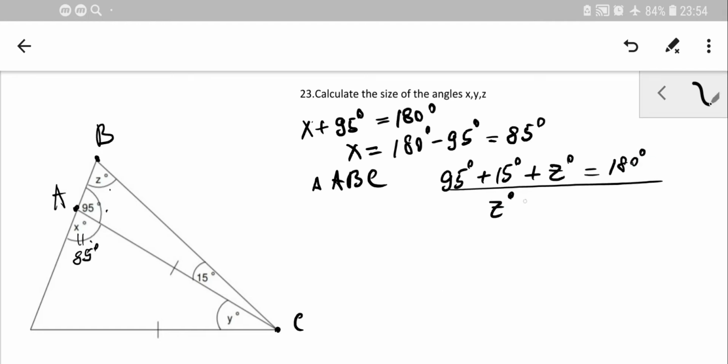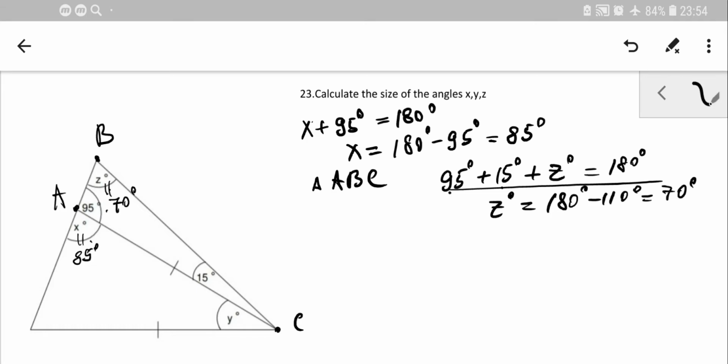From where Z is 95 plus 15, which is 110, and then we subtract 180 minus 110, which leaves us with 70 degrees. So angle Z is simply 70 degrees.